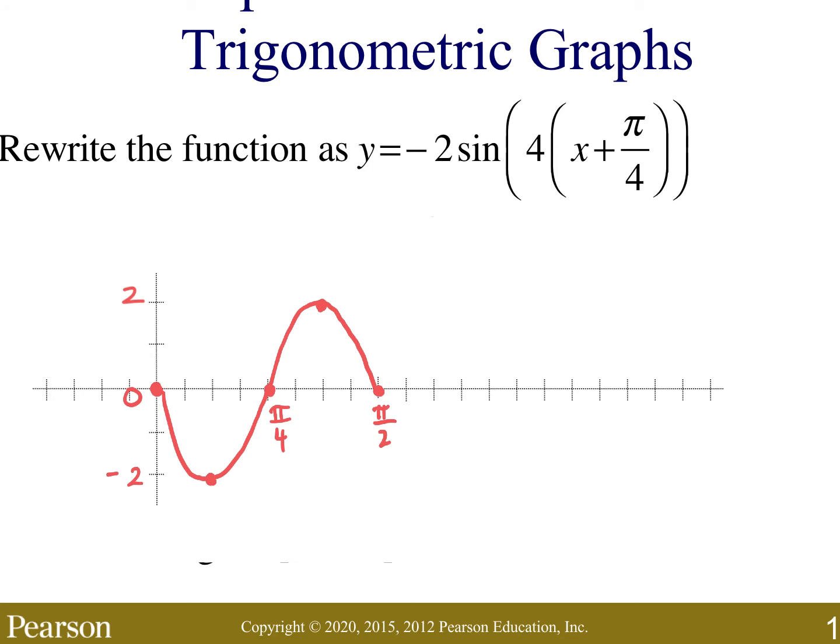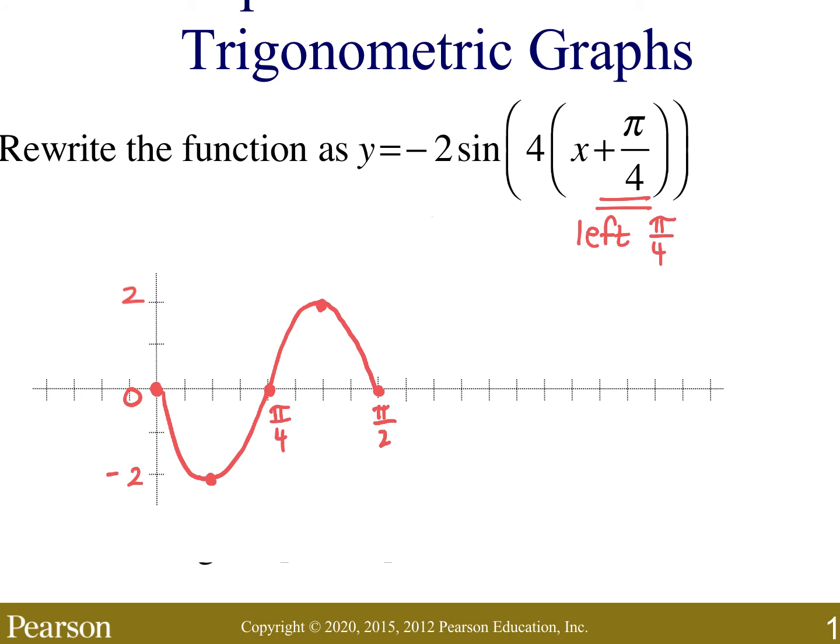So then I'm going to look back at this, and I'm going to notice that since I wrote it in factored form, it's going to move to the left the equivalent of pi/4 units. You guys are in Notability. I'm not in Notability, I'm in a different app now. But if I were, I would use Notability, and I would just cut out that thing and slide it over.